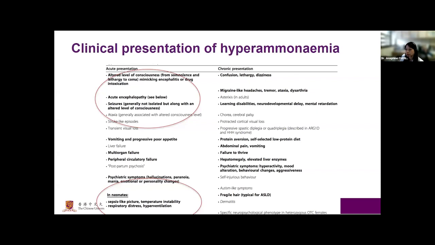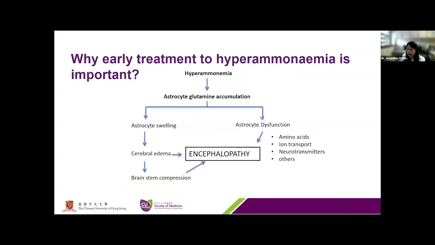Or they may already have metabolic acidosis, and they may have respiratory distress, which is the mechanism to compensate for the metabolic acidosis. So in that case, early identification is very important, because if the patient is not identified, the patient may deteriorate further, may present with seizures or more severe acute encephalopathy, or may get into a comatose status.